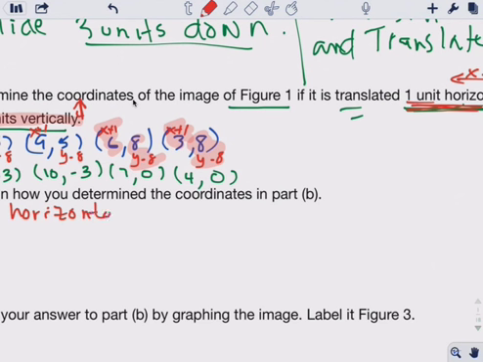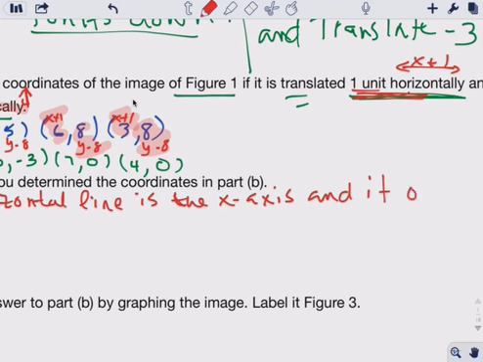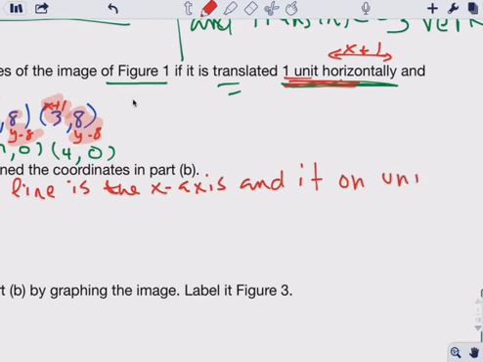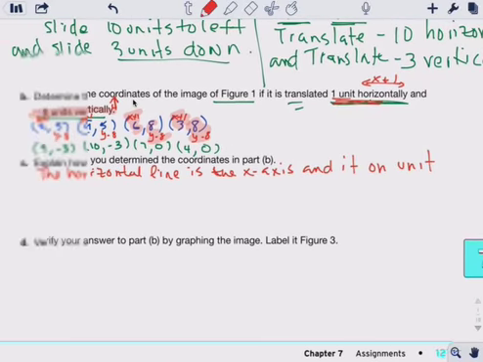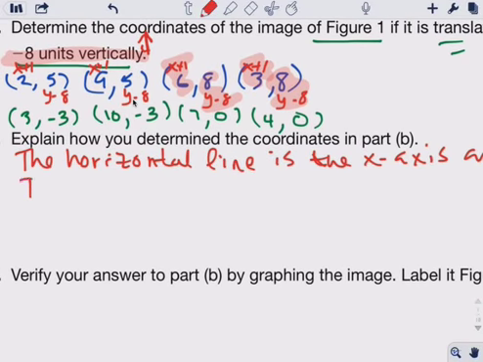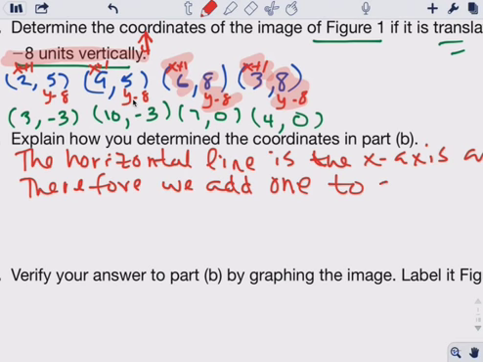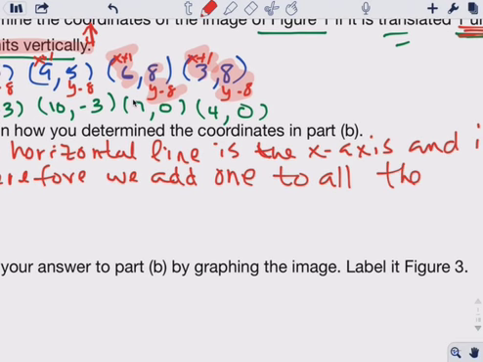Horizontal line is the x-axis, and it's 1 unit. Therefore, we add 1 to all the x coordinates.